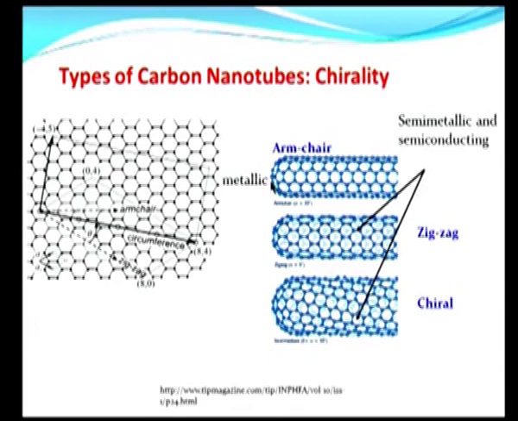The remarkable thing is that carbon nanotubes of the armchair configuration are metallic in character, whereas the other two configurations are semiconducting in character.